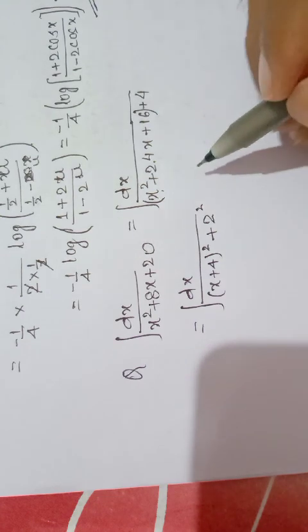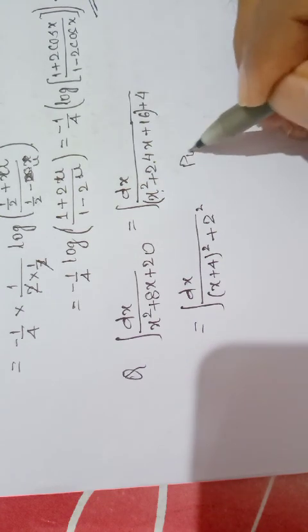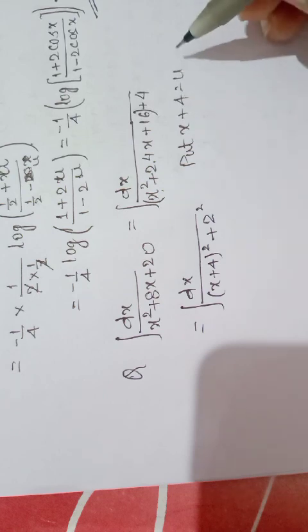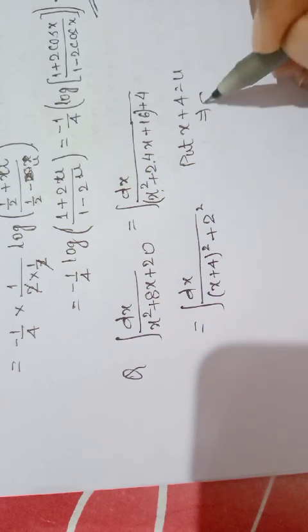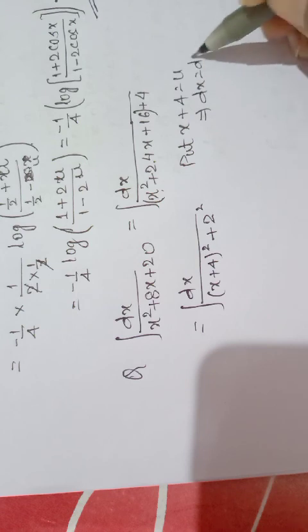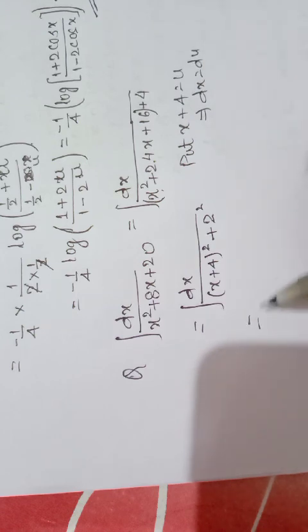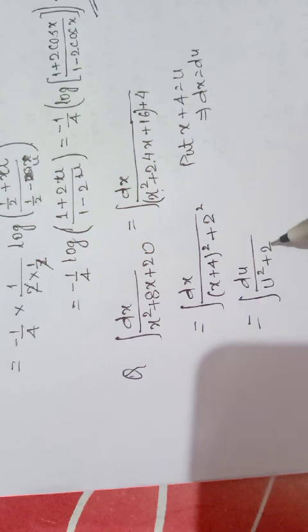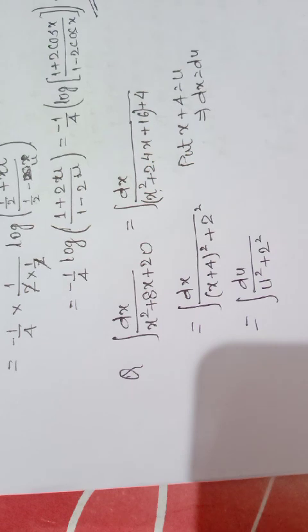Again apply substitution: put x plus 4 equal to u, so dx is equal to du, and hence the integration is du upon u square plus 2 square. This is according to the identity of the third question, which is 1 by a tan inverse u by a.